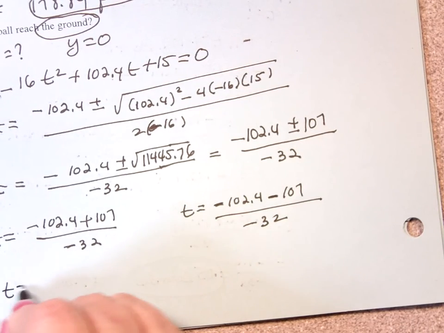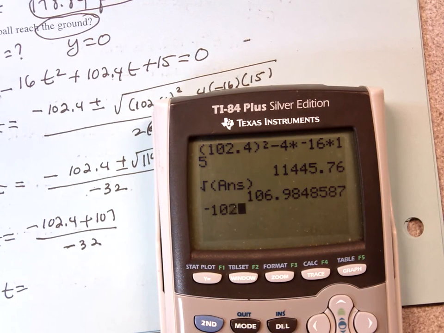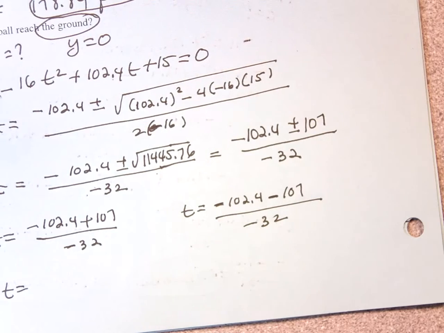Or t is minus 102.4 plus 107, and then divide that by negative 32, and it's negative 0.14.